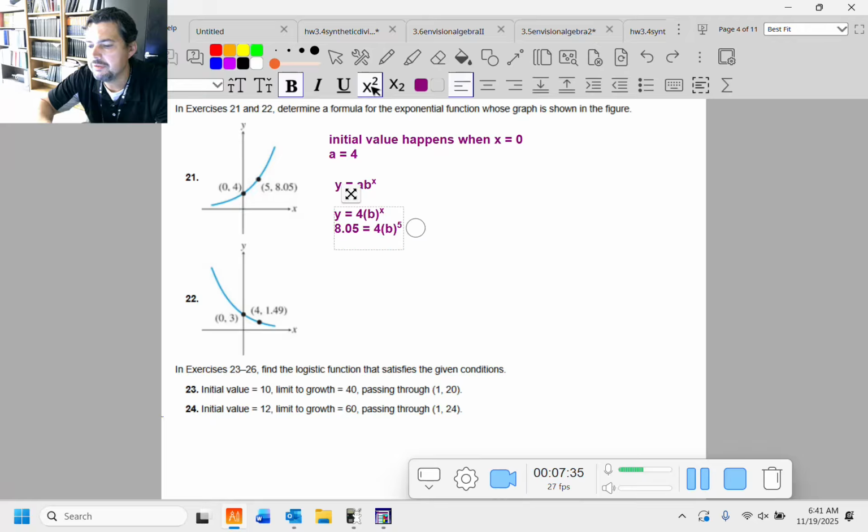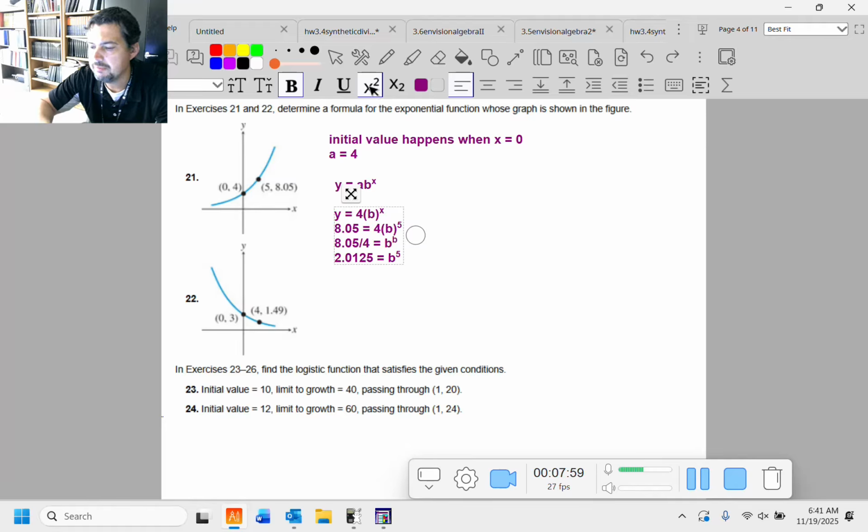Now, what we're going to do is divide by 4. That's going to give me b to the 5th. Let's see, 8.05 divided by 4 is 2.0125. Yeah, that's right. That equals b to the 5th.